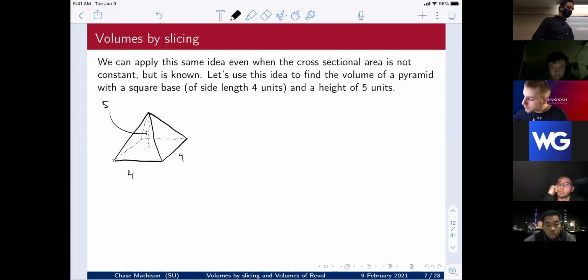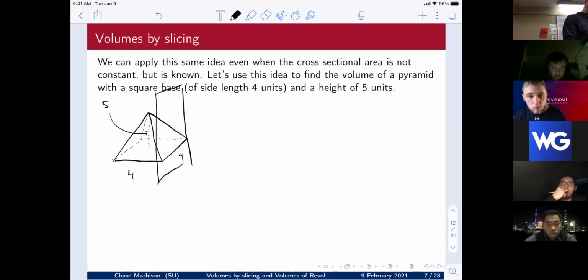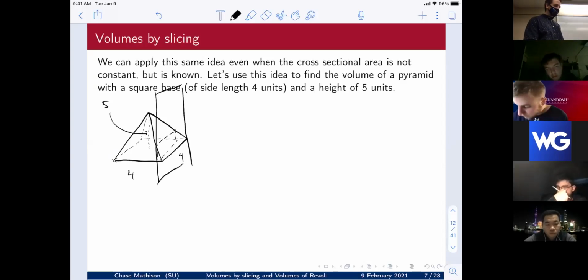I could take cross sections that are vertical. So maybe a cross section like this. And when you do that, maybe you'll get something that looks like this weird rectangle shape. That's going to be hard to do.